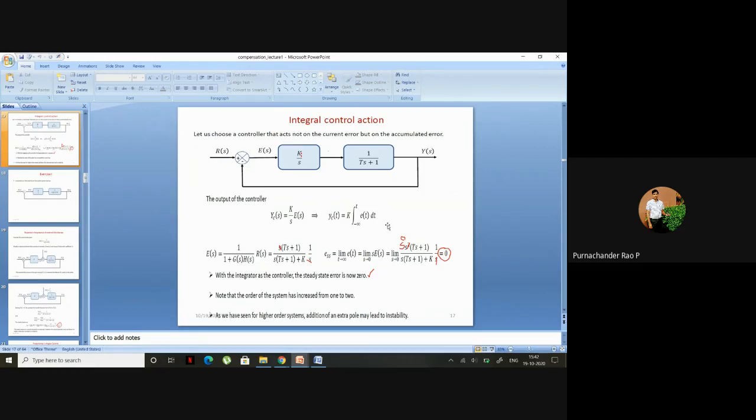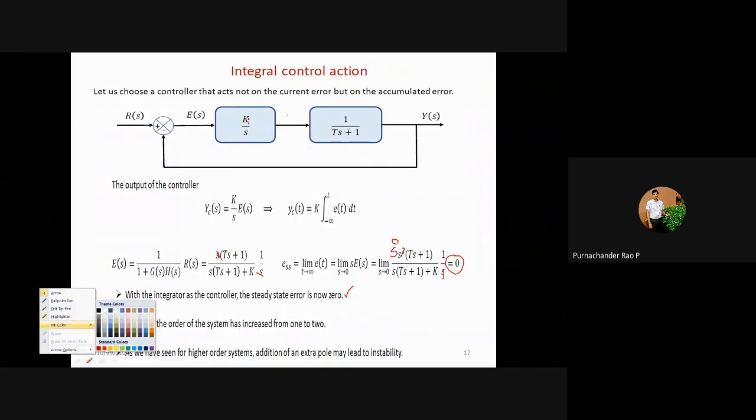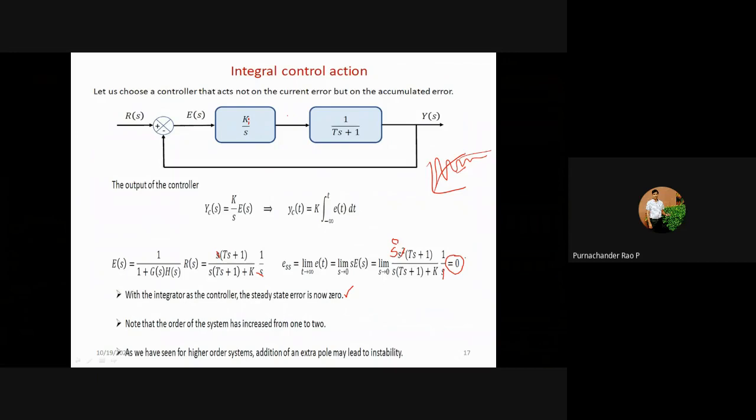The first order system response will be like this, normally an exponential variation. But because of this 1 by s, your second order system response will be like this. Your steady state error has been reduced, but it will make the system oscillate so that it leads to some instability.